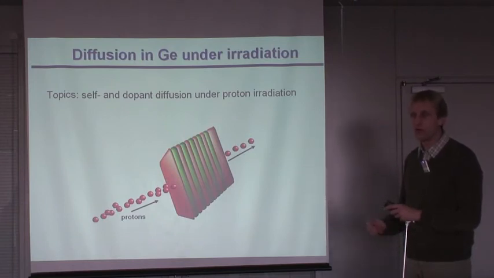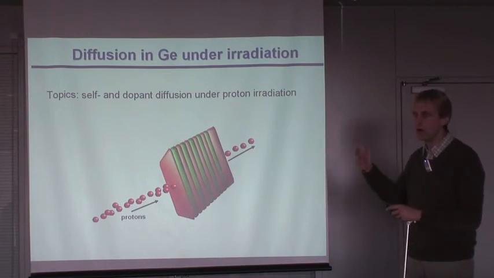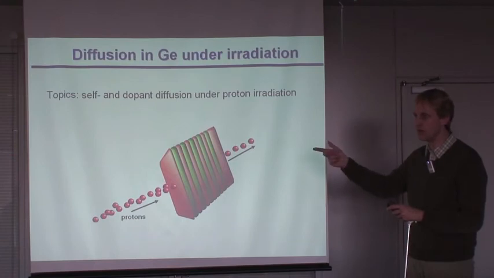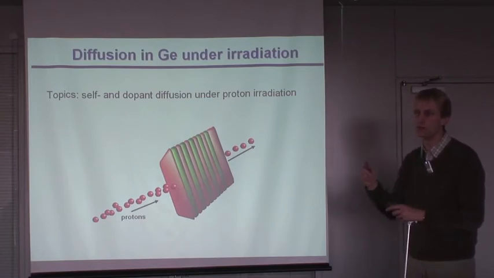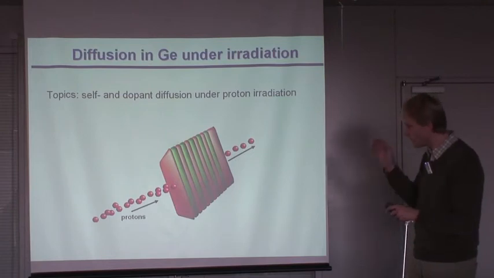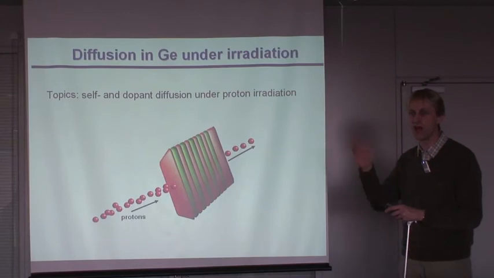Non-equilibrium conditions means you are far away from the thermal equilibrium concentration of self-interstitials and vacancies. In all the experiments I have shown before, you are pretty close to concentrations of self-interstitials and vacancies being in thermal equilibrium. But here you produce your vacancies and self-interstitials athermally.